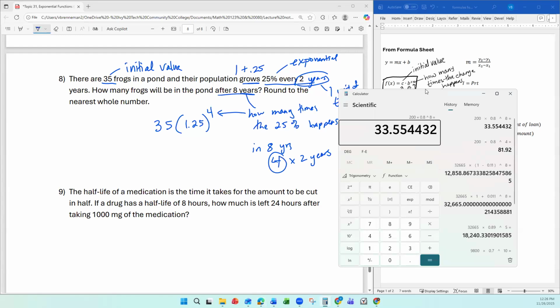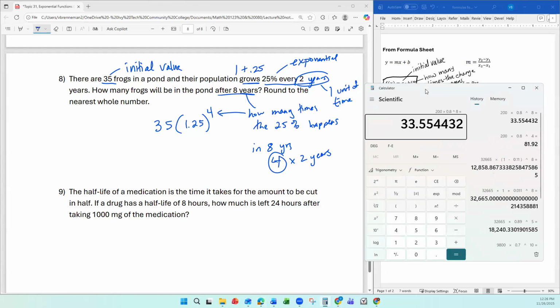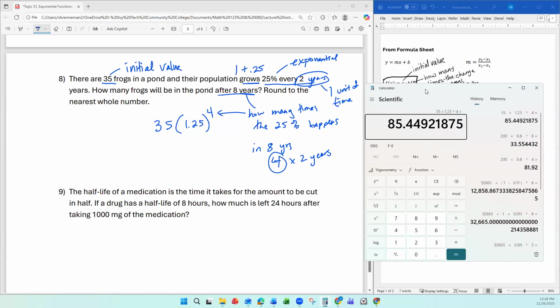So a little bit tricky there with the every 2 years instead of every year. You can't just divide it, it's not going to be 12 and a half percent every year. It's more complicated than that. So you've got to just treat that 2 years as the unit. So 35 times 1.25 to the fourth power, 85.44, whatever, rounding to 85 frogs. Don't double round that, where you round to 85.45 and then round that to 85.5. Round by just that first digit after the 85, which is less than 5.